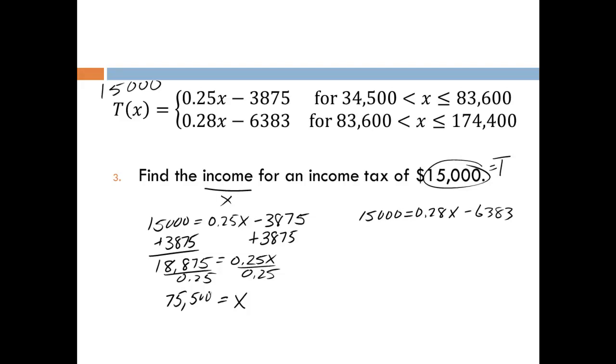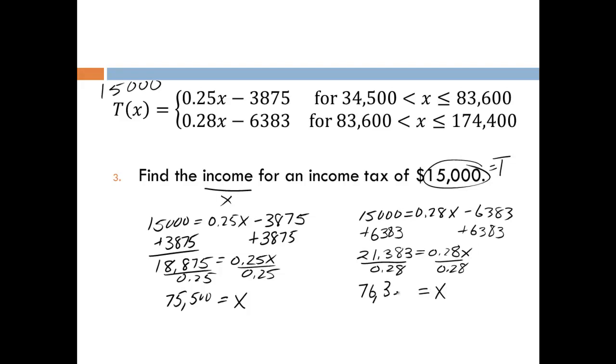If we solve the second equation in a similar fashion, we will get x is equal to 76,367 and 86 cents. Which of these is the correct answer, or are both of them, or are neither of them? Well, we have to compare the x value with the inequalities.